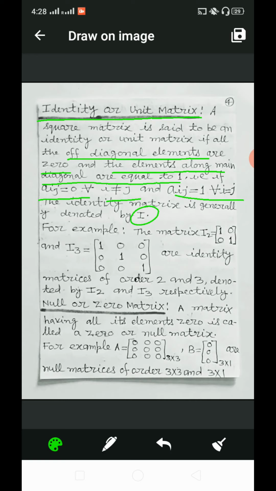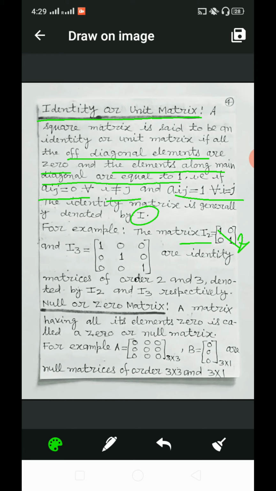capital letter I. For example, the matrix I2 here, this is a square matrix of order 2. Here the principal diagonal elements are 1, 1, 1 and off diagonal elements are 0, 0.